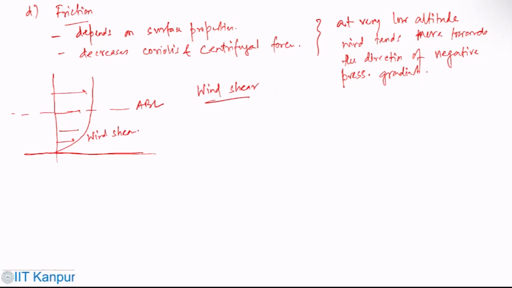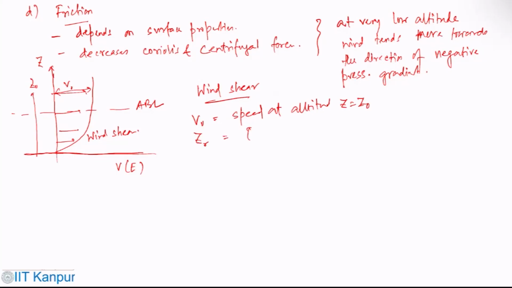So one can say that if this is, let's say, V of Z, and at a height Z0 this is, let's say, V naught, and this is the direction. Then V naught is the speed at altitude Z equals Z naught.